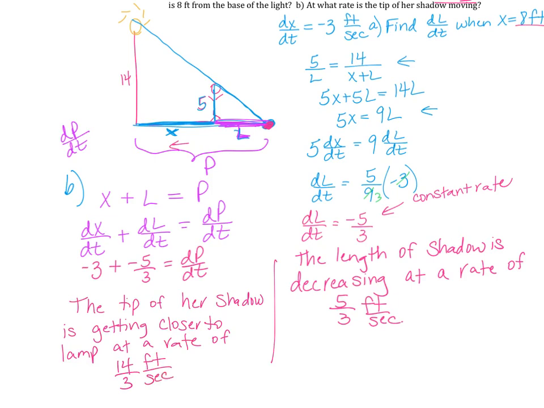Now, the fact that I said getting closer to the lamp interprets the negative, that this tip is moving this way. I could say the tip of her shadow is moving at a rate of negative 14 over 3 feet per second, but I like to do an interpreting step because many times they ask you to interpret it, so you have to understand what these numbers mean.